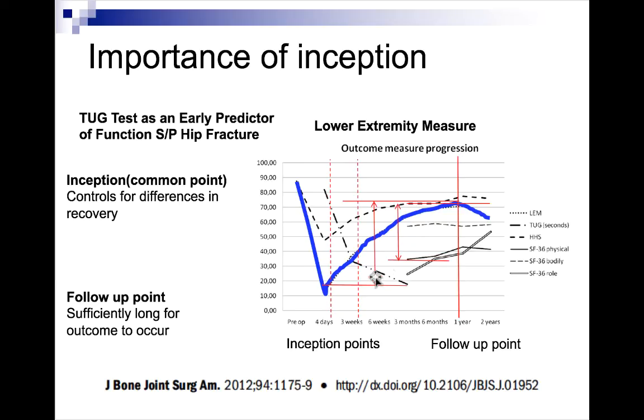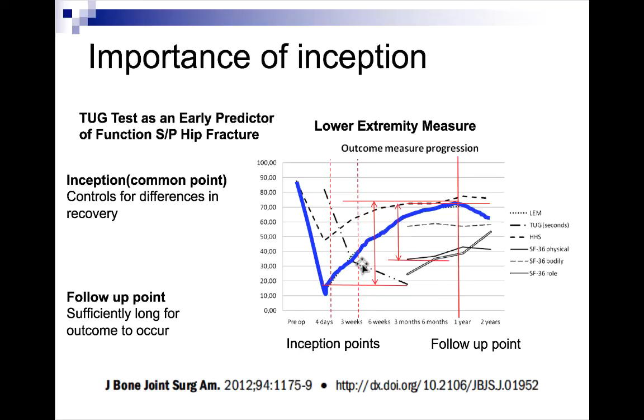Now, if we had instead had an inception point that varied between the start of the surgery and 3 weeks, the increment of improvement would have been much less. It's represented by this arrow here, so it would be something like 45 points.